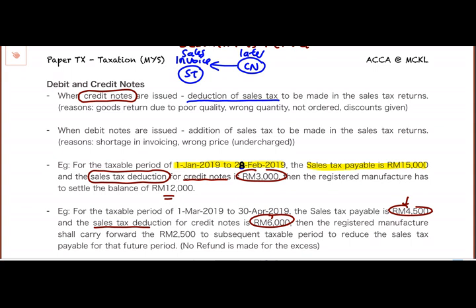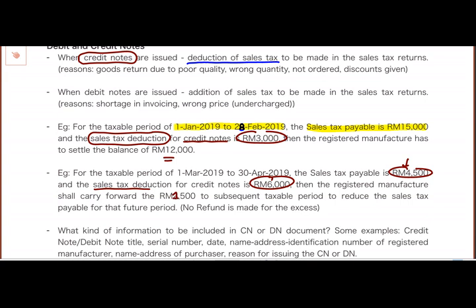No. The custom will not return you the money, but the custom will use that amount and carry it forward to the future. So the amount is 1,500, not 2,500, 1,500. So understand or not, sales tax deduction does not involve refund. It's a credit. Okay?